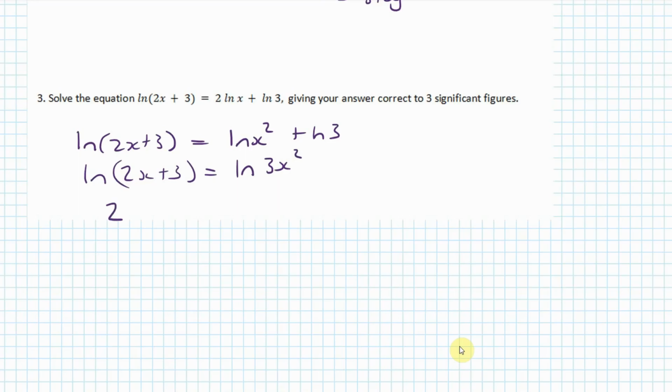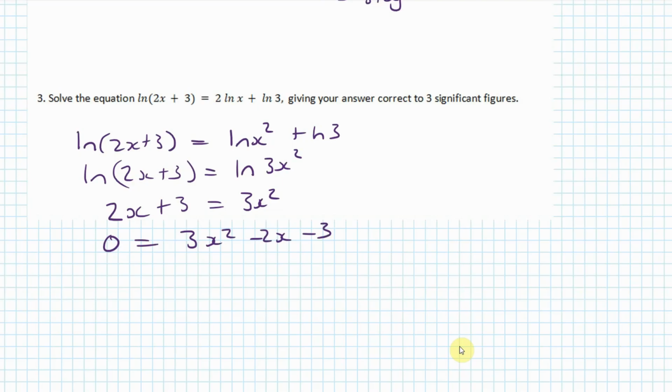Now we can get rid of the ln's because it's ln blah equals ln blah. So we get 2x plus 3 equals 3x squared. Now I'm going to pull everything across to that right hand side and I'll get 3x squared minus 2x minus 3. And what can we do here? Can we factorize that?